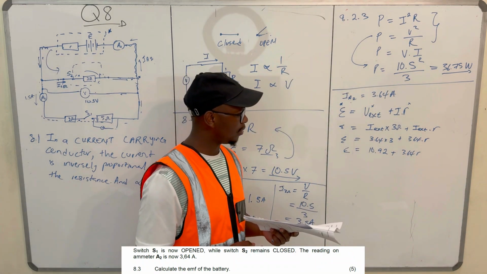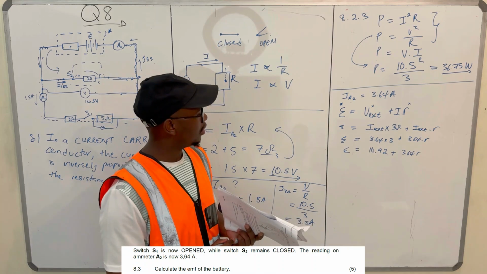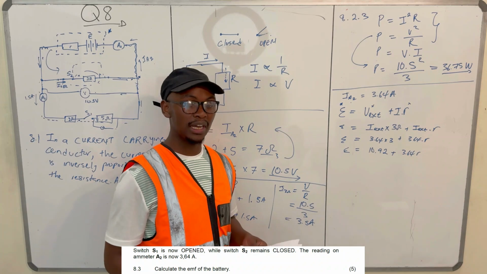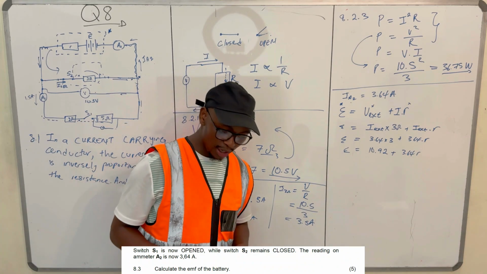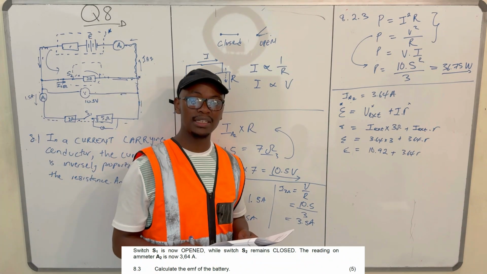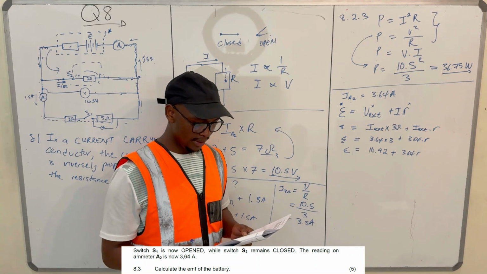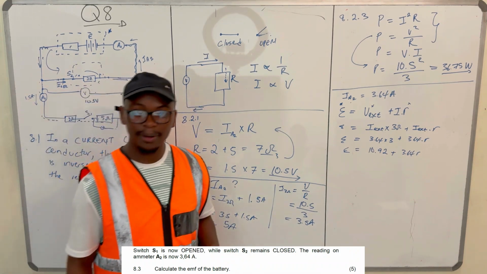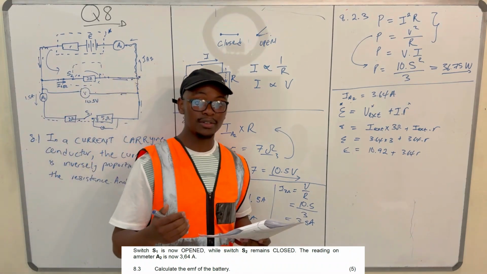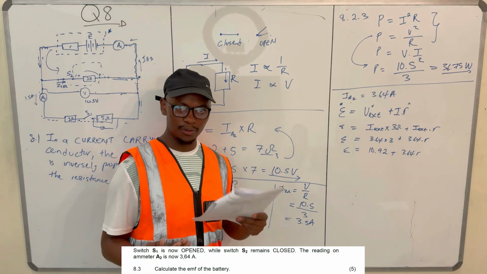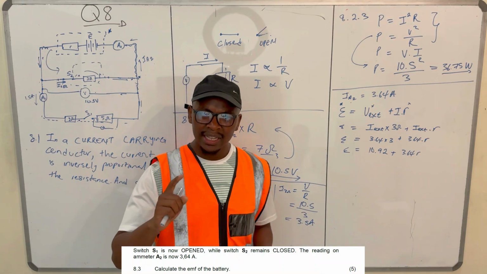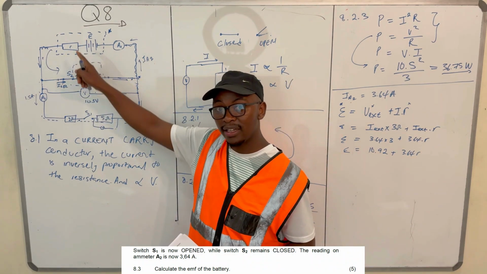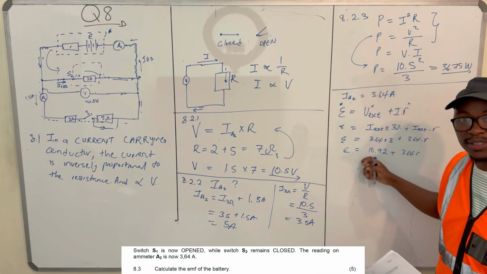Now it seems like we have a problem there. We're solving for EMF, but there's still an unknown figure there, which is the internal resistance. Now we look, did they tell us how much that internal resistance is? No, they didn't tell us. Okay. But the good thing about this circuit, and why I had to take you through the theory of what an EMF is, is that the same battery of a specific EMF E that was connected here is the same battery connected on this new circuit now.